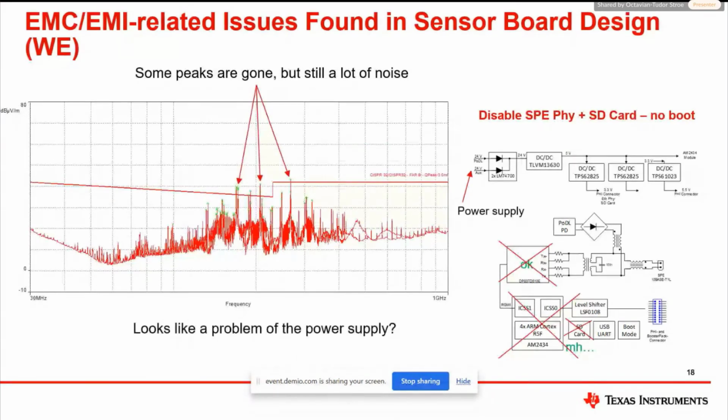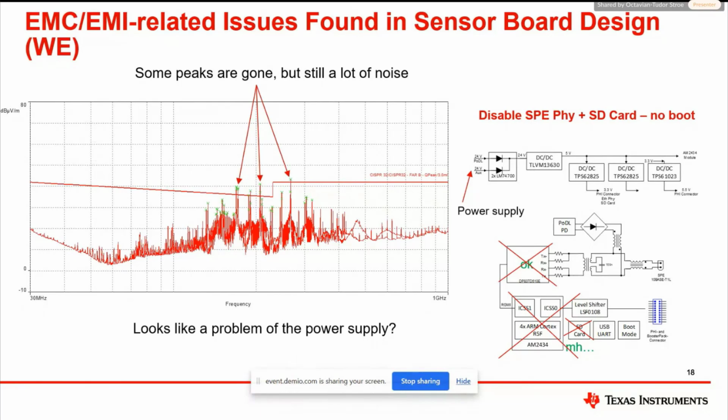And in order to check the power supply section, we have the high-speed communication. We have the Cortex MCU, Ethernet PHY, SD, and they contain the software. So let's disable them. By disabling the PHY and the SD card, we ensure that absolutely no communication or even no boot up. And we are left basically with just the power supply.